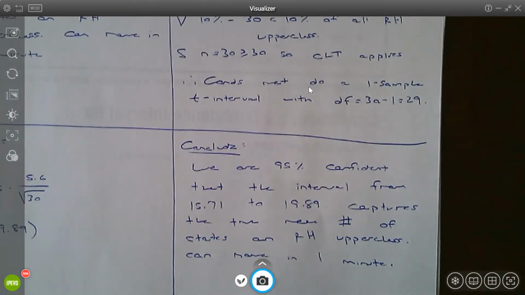So there's the 4-step process outlined that you're going to need to follow for a 1 sample T interval.